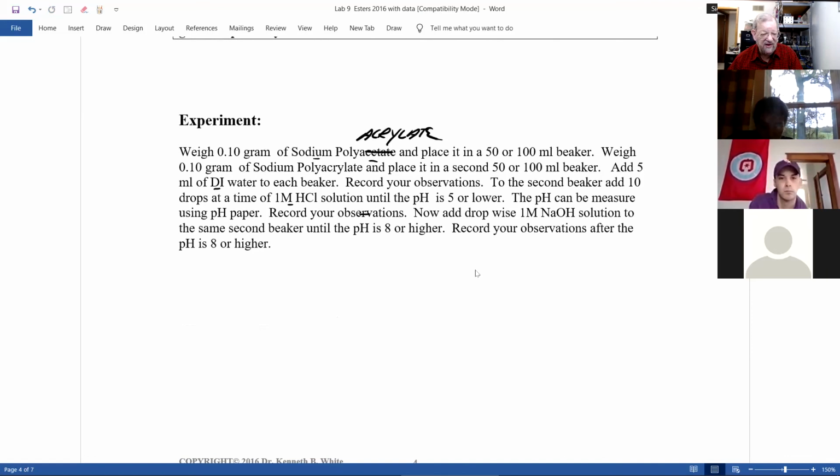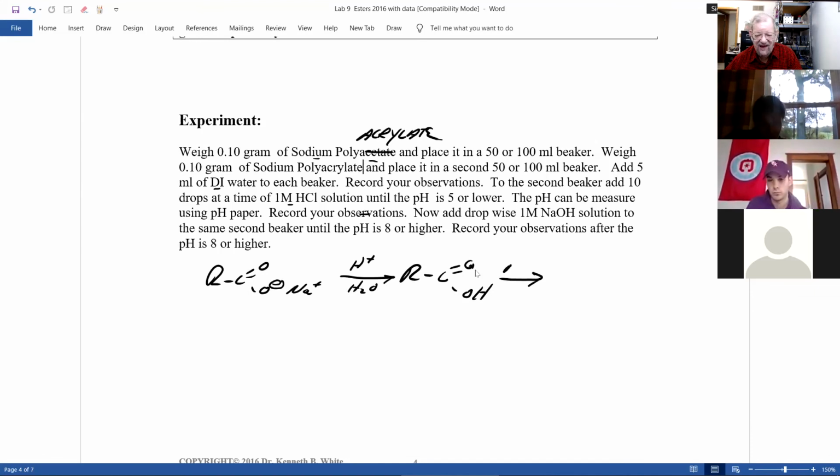And let me just show you, think about this. In general, if I have a carboxylate anion and I add H+ in water, I'll get back the carboxylic acid. And then if I have the carboxylic acid and I add base and water, remember this is an acidic proton, I'll get back my carboxylate.